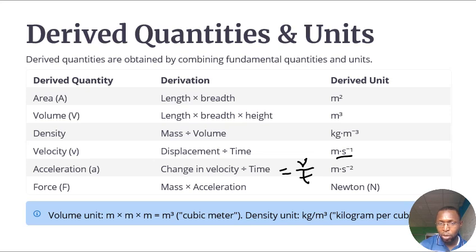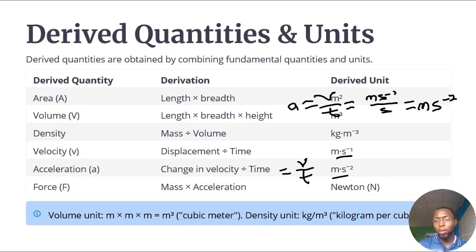Acceleration is change in velocity over time, and we have said that the velocity is meter per second, and over time is also in seconds. Now, meter per second over seconds, if you do your mathematics well, is going to give you meter per second square. This is how we came about this unit of acceleration, meter per second square.